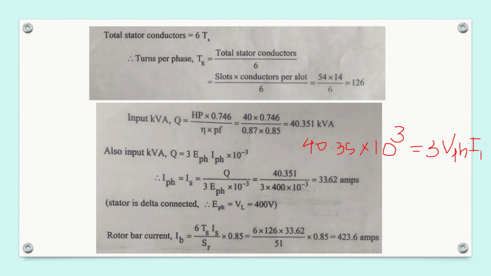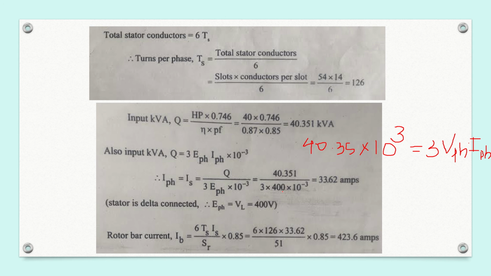Okay, this is how we can calculate the value of stator current per phase. So stator current per phase is equal to this value, Q divided by 3 into V phase. Okay, 40.35 into 10 raised to 3 divided by 3 into V phase. Here the voltage given is 400 volt, which is the line value, and we need the phase value of voltage here.